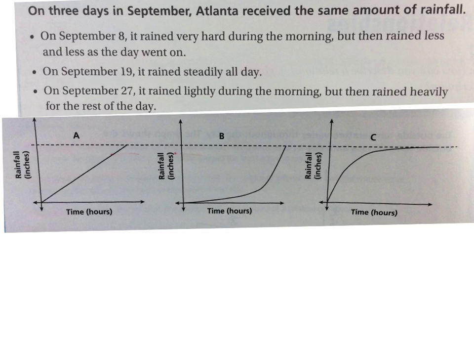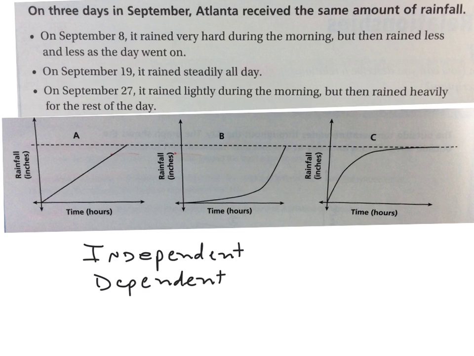Now, a couple of words that you need to understand are independent and dependent. Time in hours is your independent. That's your time.